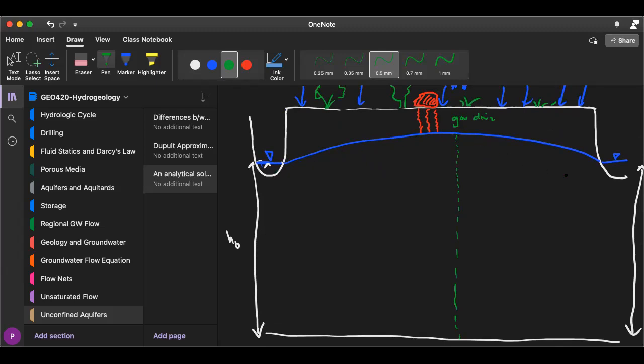Anything on this side of the divide would go down towards this river. So these flow paths tend to go this way, and these flow paths would go that way. And this divide occurs at the maximum water table height, right? It occurs wherever my water table height is the highest, H max.